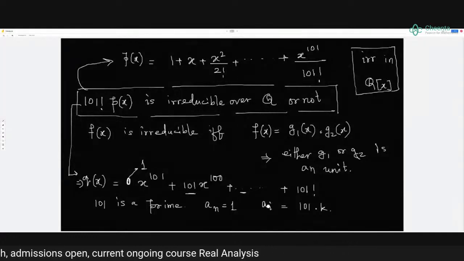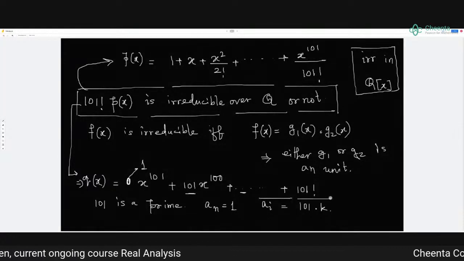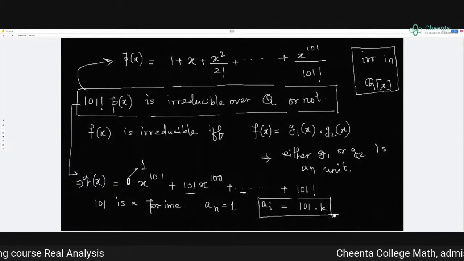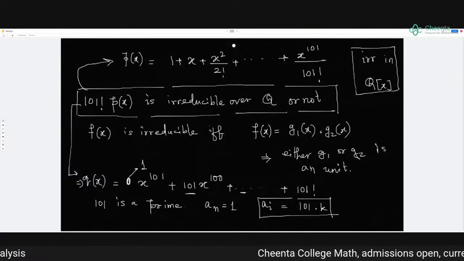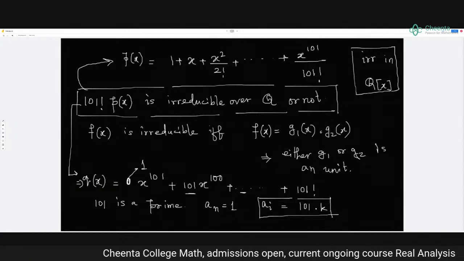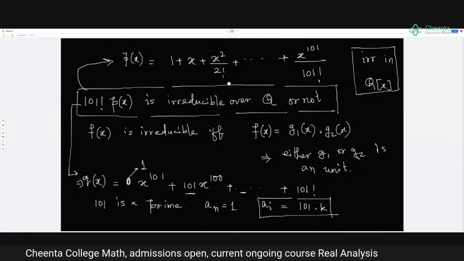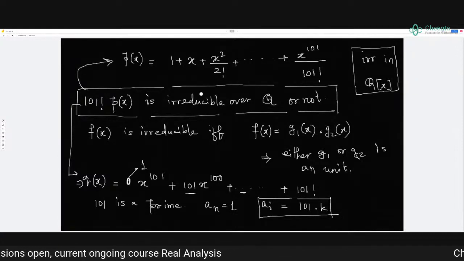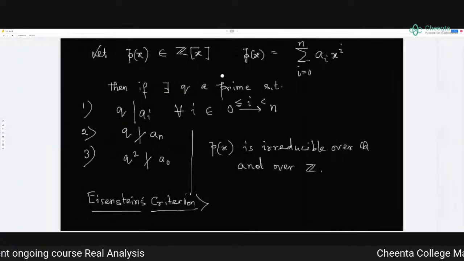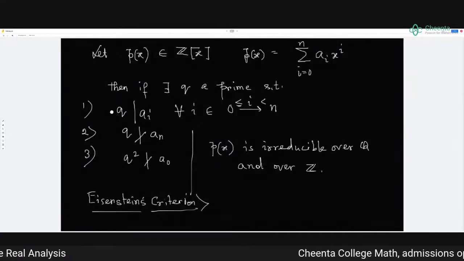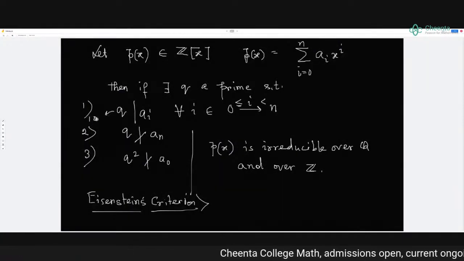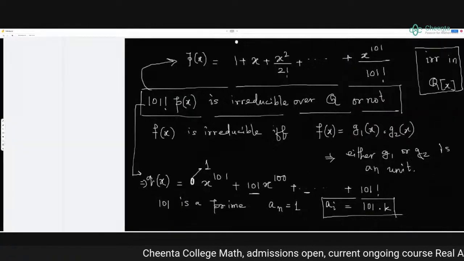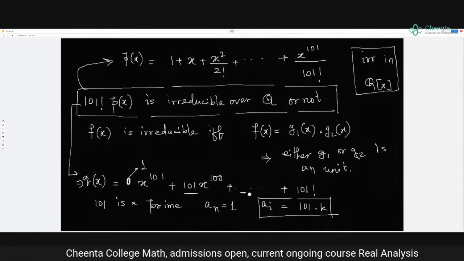Each of these a_i's is of the form 101 into k. So now you can use the Eisenstein criterion, because every coefficient is an integer, and this q has become 101. So 101 divides all of these coefficients.